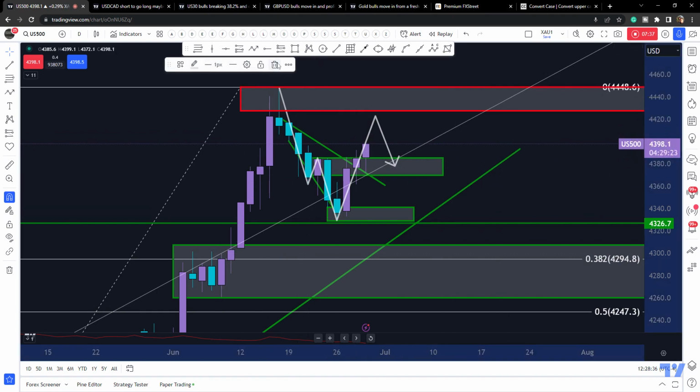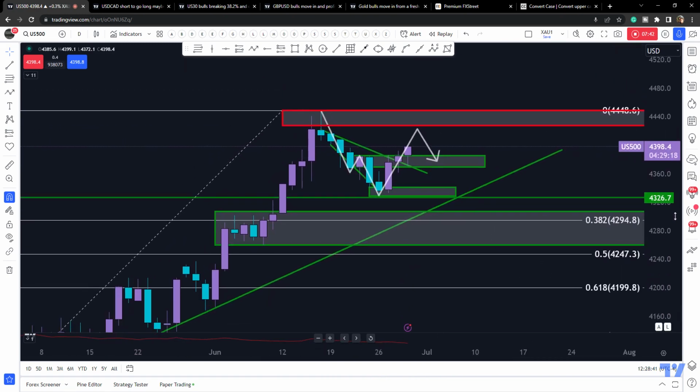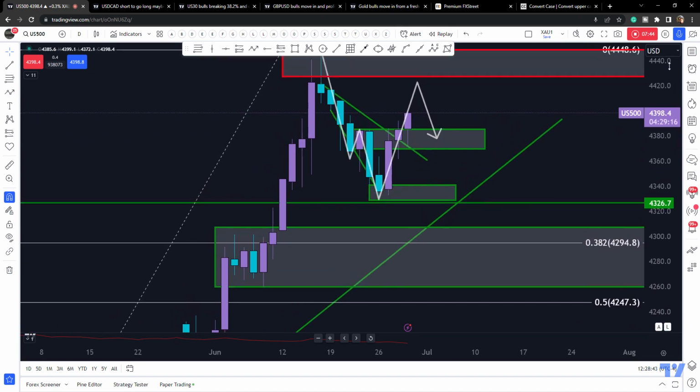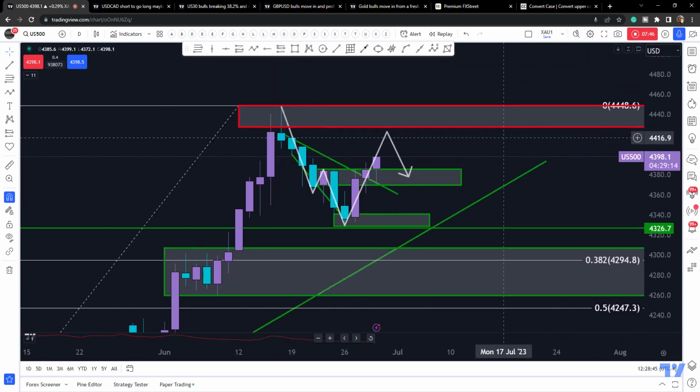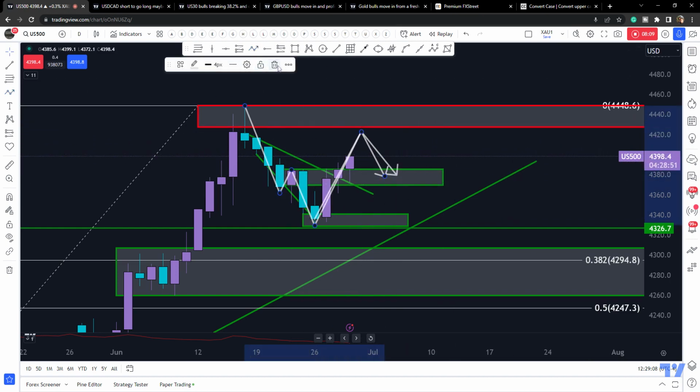For the time being, for the near term, I want to see this current bullish impulse start to decelerate somewhere up in here, and then I'll be looking for the short into support. And that would be done on a lower time frame.